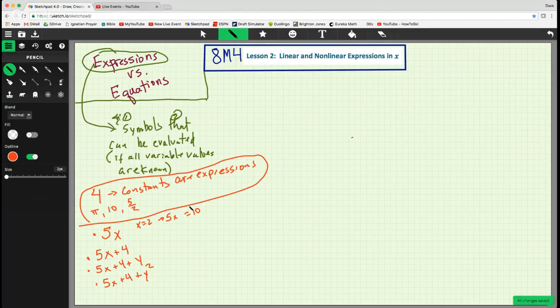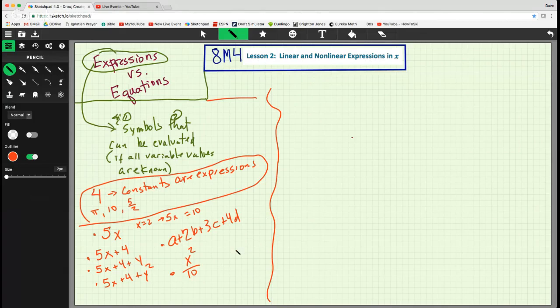These are all expressions, symbols that can be evaluated. You could also say a plus 2b plus 3c plus 4d. That's an expression. You could say x squared over 10. These are all expressions. I think you get the gist of that.